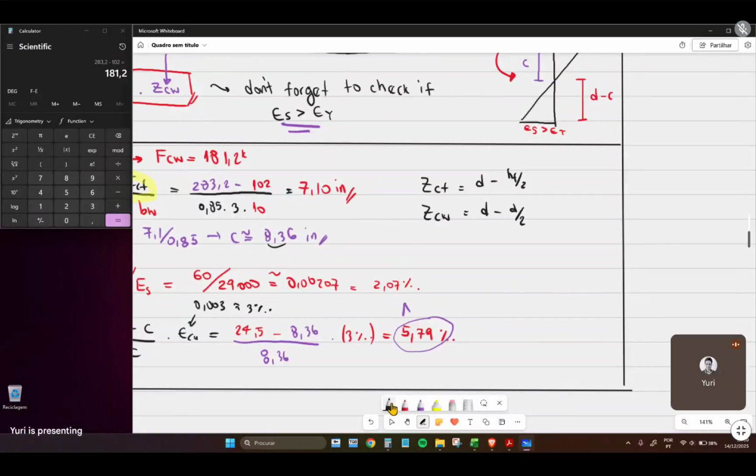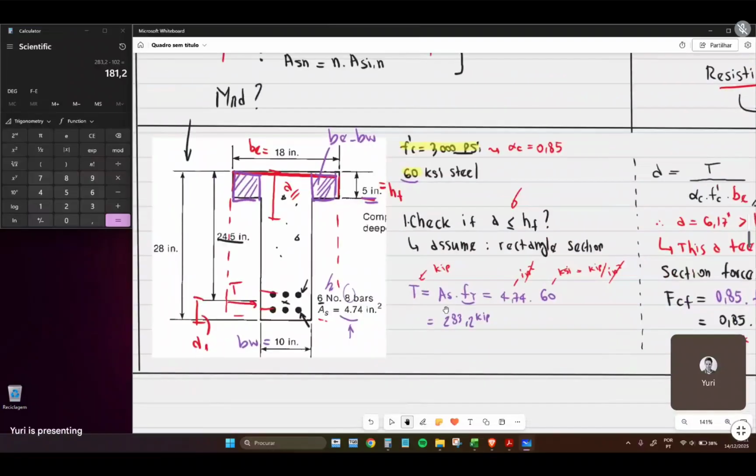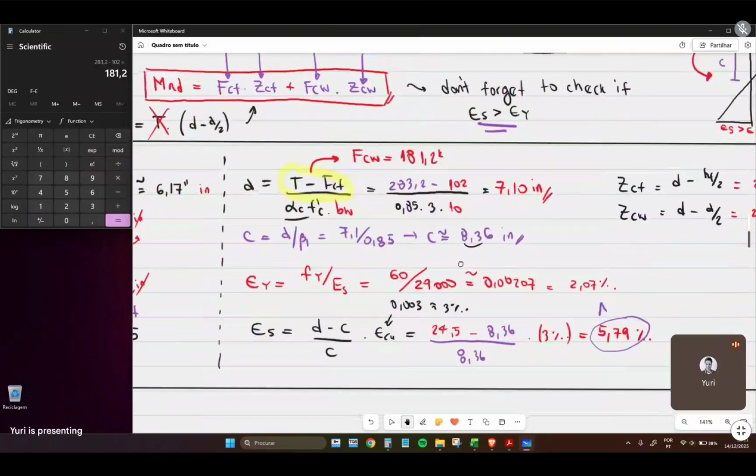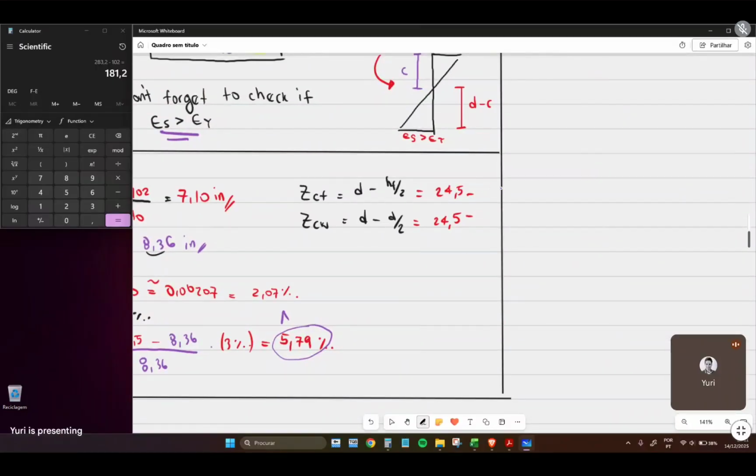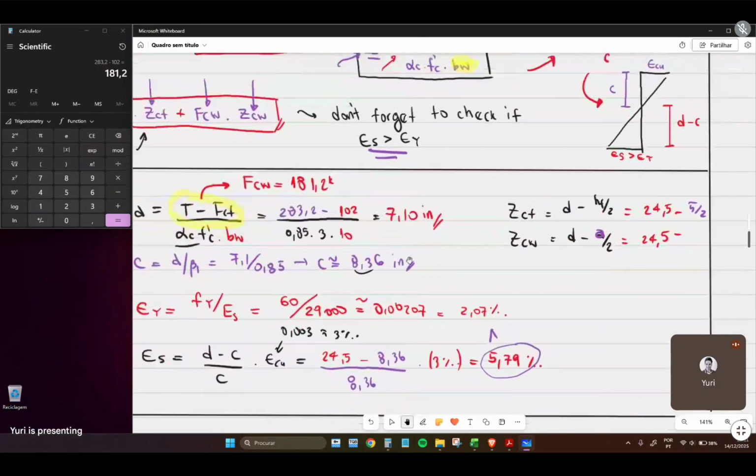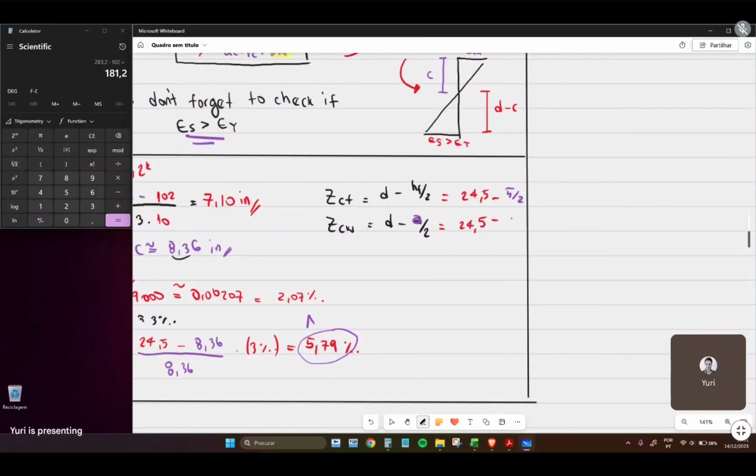Sorry, guys. I'm having very bad allergies today. So I have 24.5 minus, so hf is 5, over 2. And this a here is 7.10.